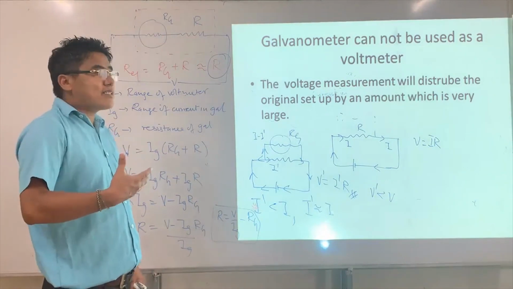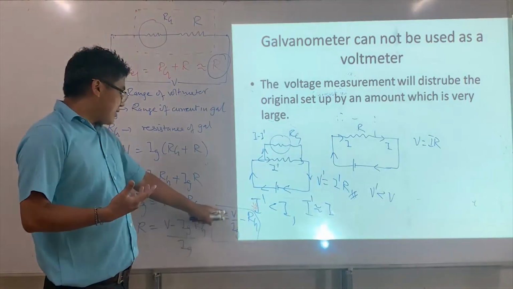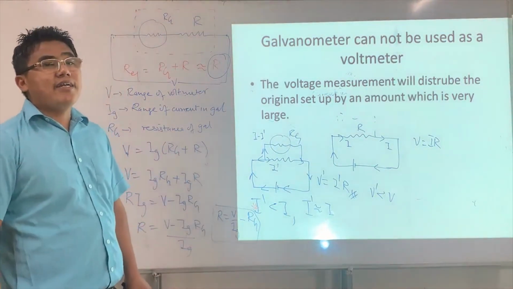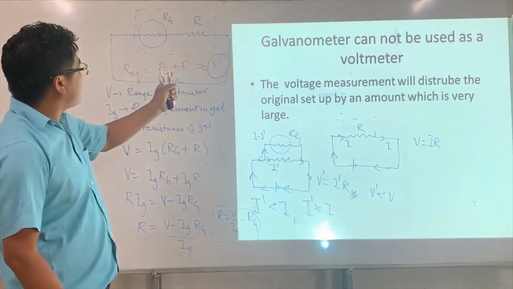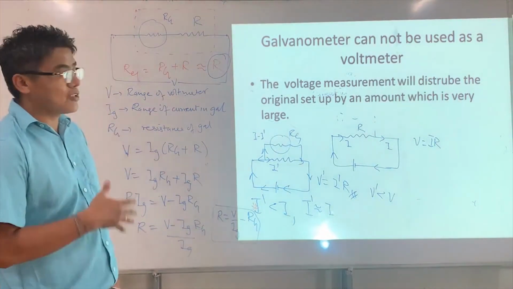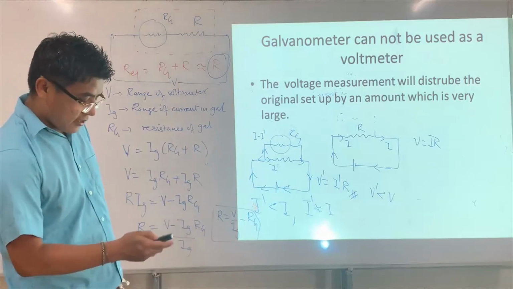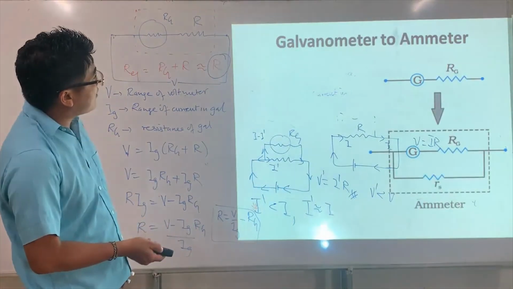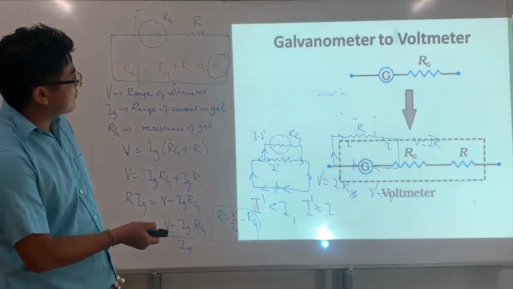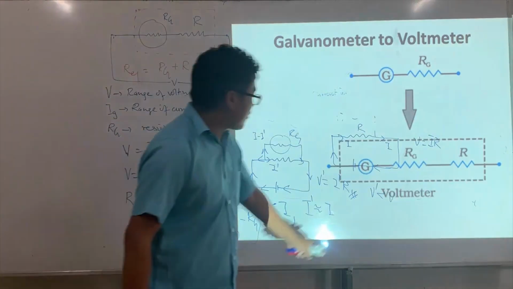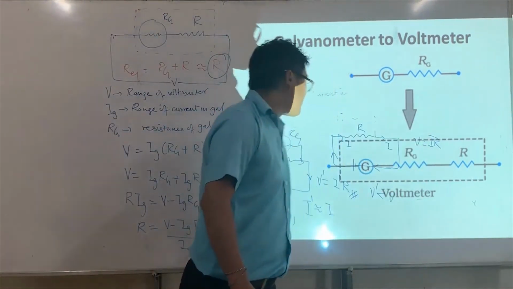The range of voltmeter is all determined by the high resistance. This is what we discussed in the case of the ammeter, right? So this is the diagram we have here, with galvanometer resistance and high resistance.